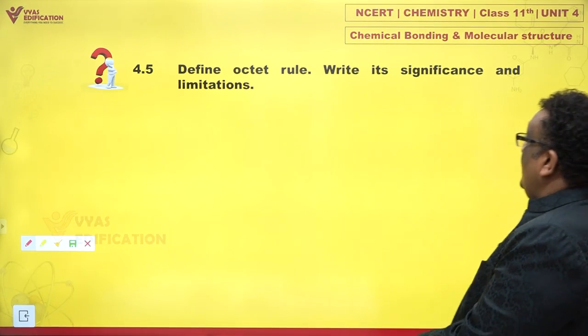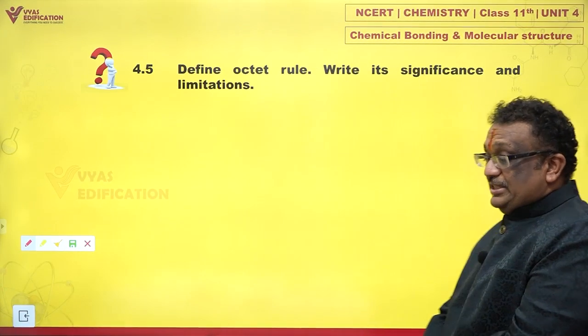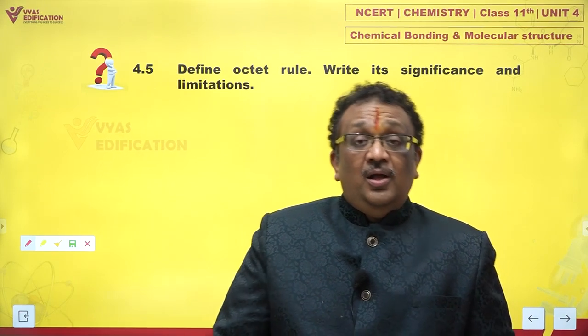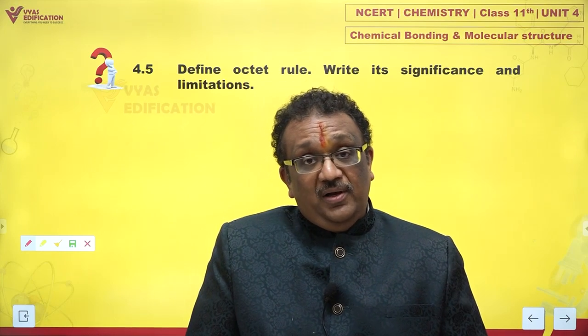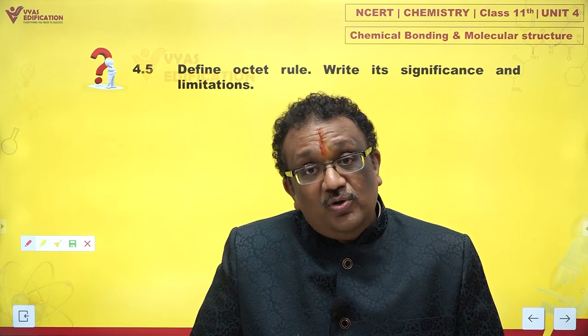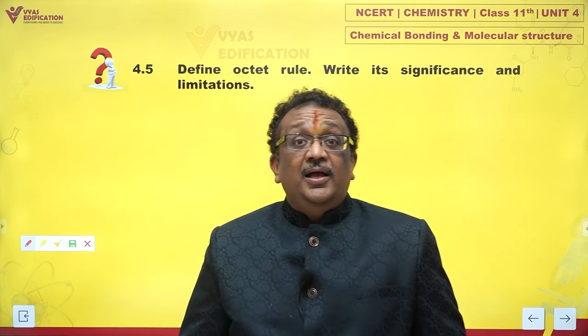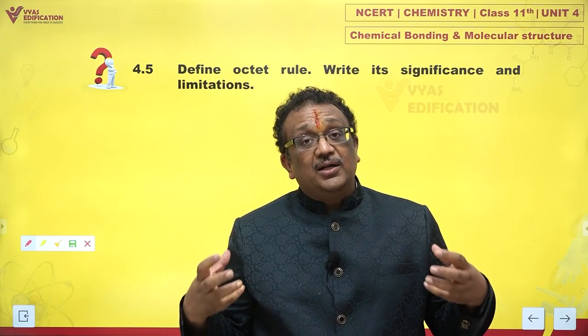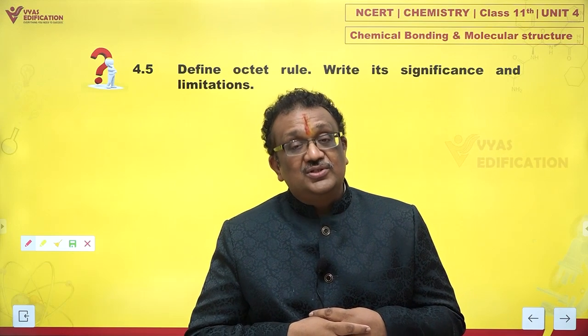Fine. What about its significance and limitations? You can do them very easily. Number 1, why is the octet rule valuable? Why is it important? The octet rule is very important because it was the first rule which gave us an idea about how atoms combine to form molecules.